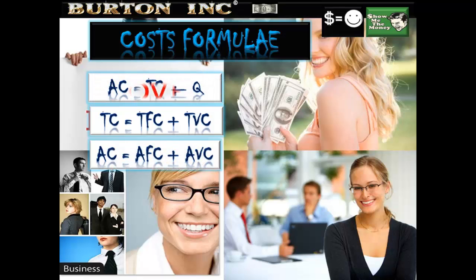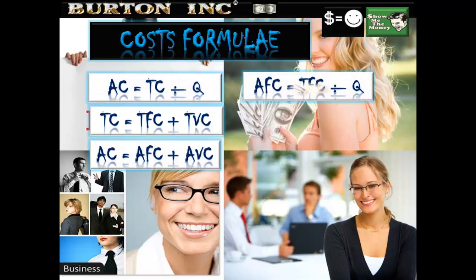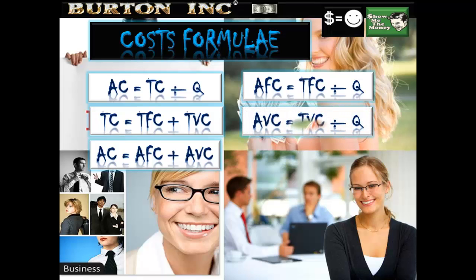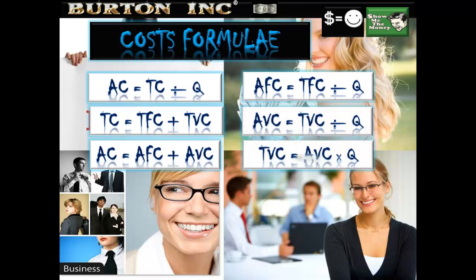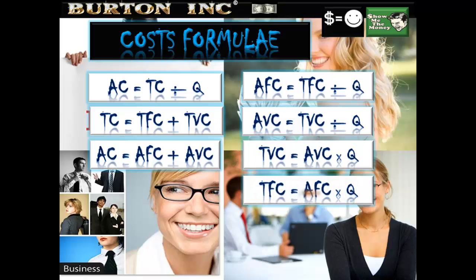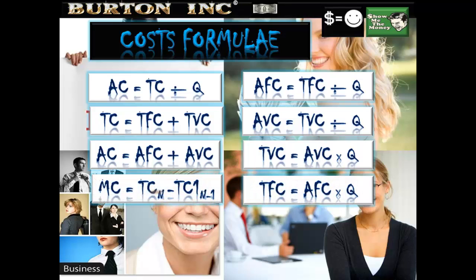Right, cost formulas. Now these are not given to you in the formula sheets with your IB Business and Management examinations, but they're important for you to get your head around nonetheless. Average cost, we're just talking about the cost per product, so that's total cost divided by the quantity of products that we're producing.